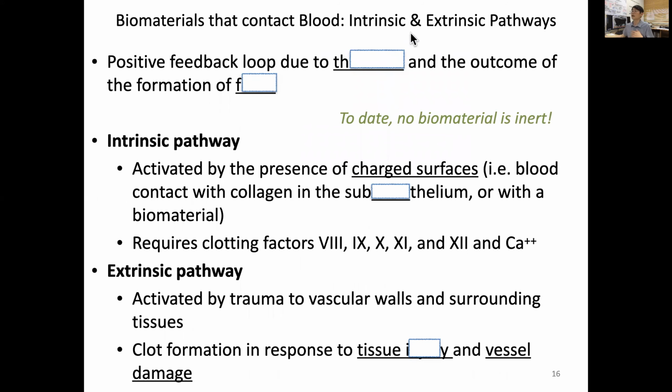So let's review a little bit. There is a positive feedback loop due to thrombin, with the outcome of the formation of fibrin. Up to now, no biomaterials are inert, which is still a big problem for us. The intrinsic pathway is activated by the presence of charged surfaces, such as blood contact with the collagen fibers in the subendothelium, if the endothelium is, let's say, exposed.